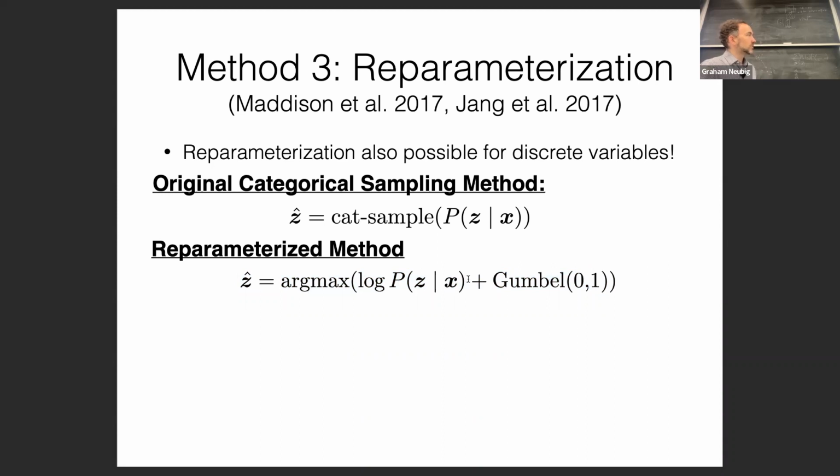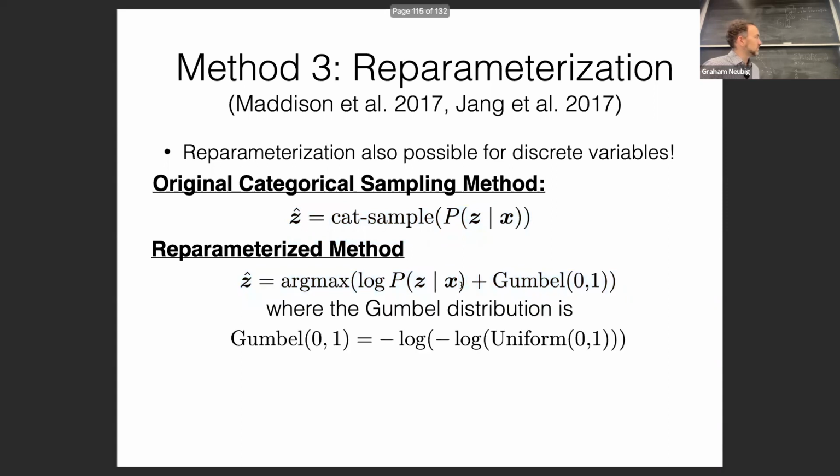This is similar to the reparameterization trick in the Gaussian, in that these two things will give you exactly the same result. In the limit, this will give you a sample according to the actual probability distribution. This will also give you a sample according to the probability distribution.